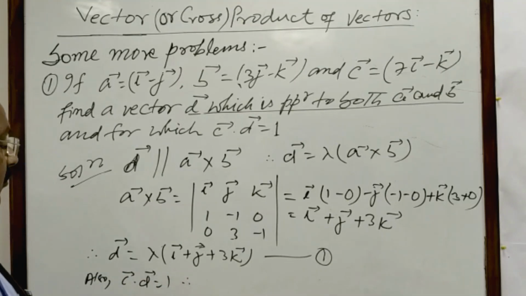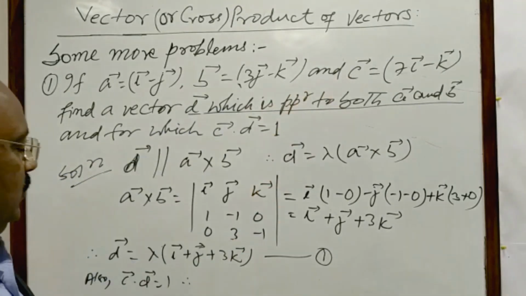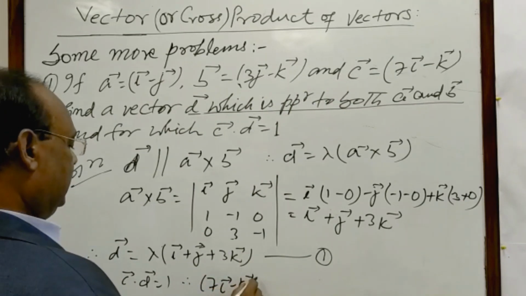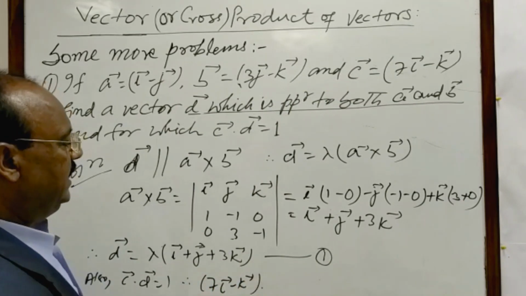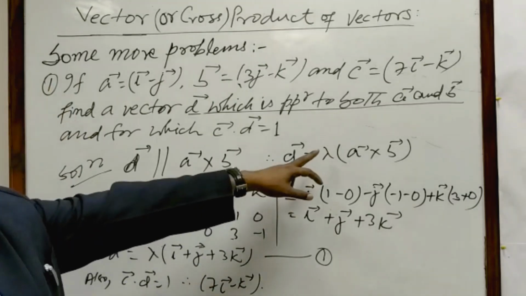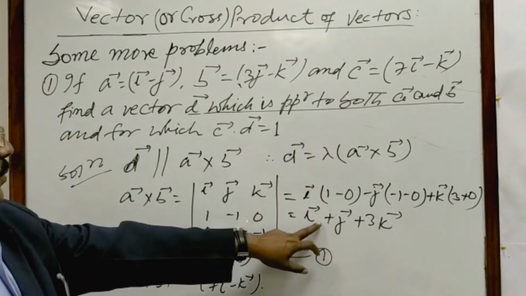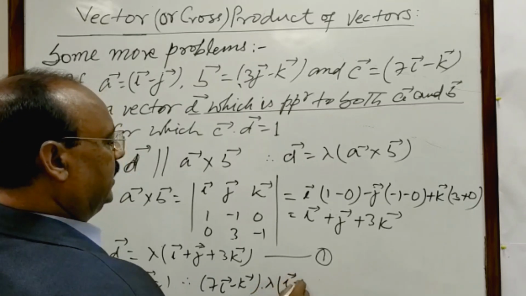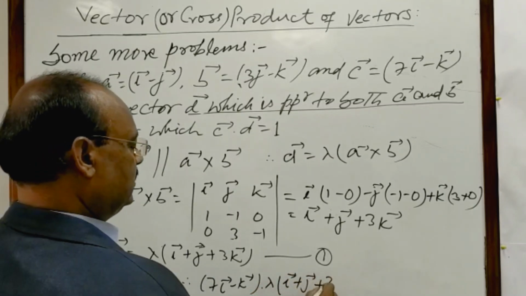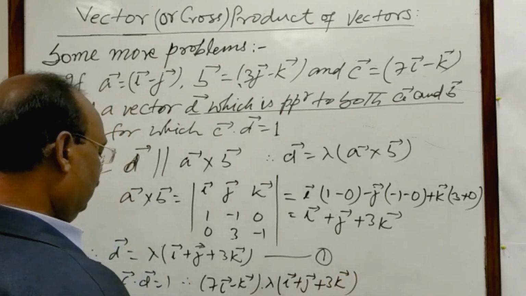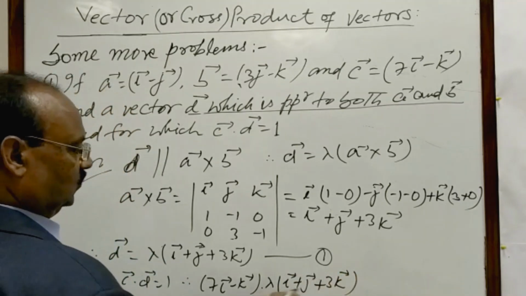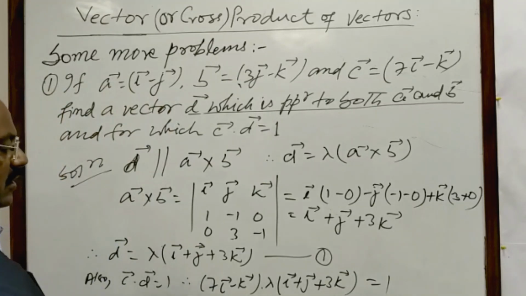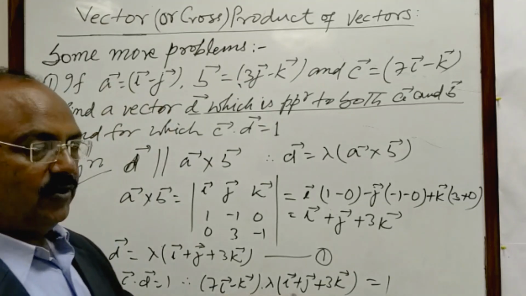Therefore here vector C is given, so this is 7i minus k dot D. D is lambda times of A cross B, means lambda times of i plus j plus 3k, and this is equal to given 1. Or we can now find dot product of these two vectors.